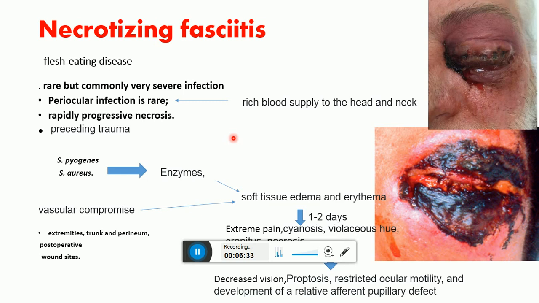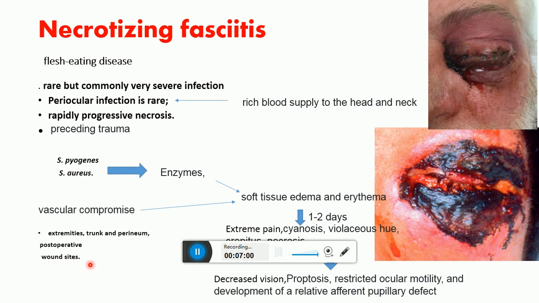It is also caused by strep pyogenes, and occasionally by Staph aureus. The most frequent sites of involvement are the extremities, trunk and perineum, as well as post-operative wound sites.